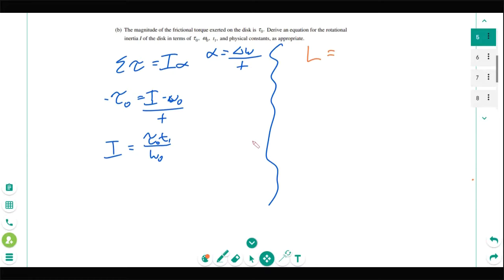This is not one that I normally use, because angular momentum is just one of those weird things I try to avoid as much as possible, kind of like impulse and momentum. I'd rather do forces and accelerations than impulses, but that's just me. This also works. L, angular momentum, is moment of inertia times angular velocity.